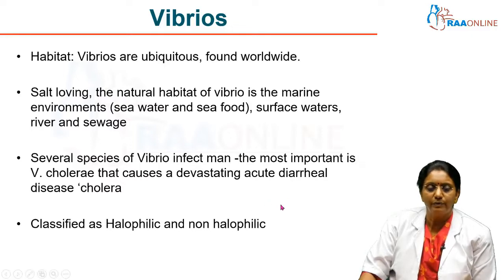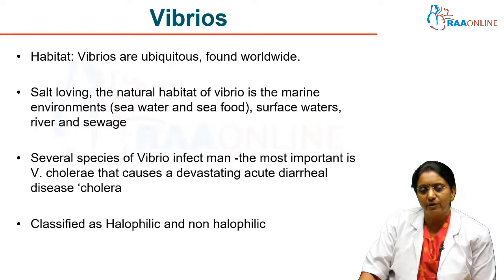Before going on to Vibrio cholerae and cholera, Vibrios are also classified as halophilic and non-halophilic based on the salt tolerance and the amount of salt, that is sodium chloride, which is required for the organism to grow. Halophilic Vibrios are those which can grow in environments having up to 10% sodium chloride, whereas non-halophilic is around 1 to 2% sodium chloride.